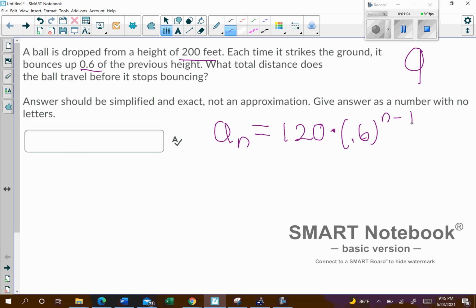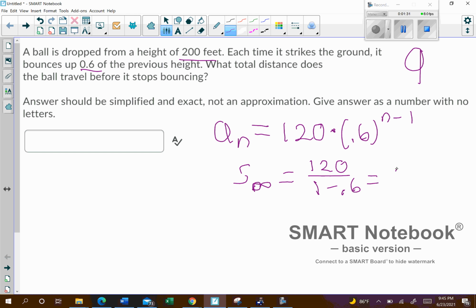So it's wanting us to do it an infinite amount of times. So we're going to do not S of n, S of infinity. There we go. And then we'll have the first term, which is 120 divided by 1 minus r, which in this case will be 1 minus 0.6.